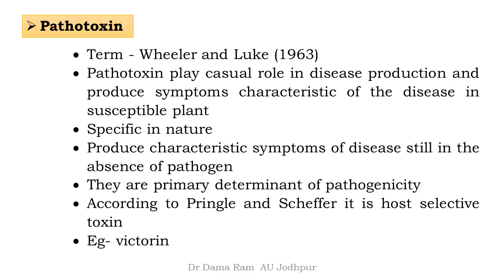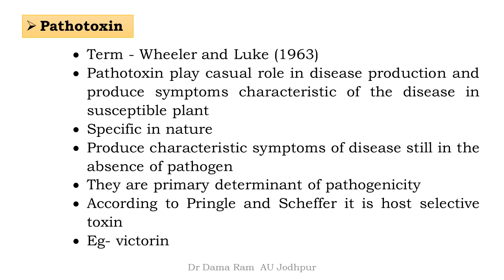Next toxin is the pathotoxin. That is the important toxin, and the term was coined by Wheeler and Luque in 1963. So pathotoxin plays a causal role in disease production and produces symptoms characteristic of the disease in a susceptible plant. Means it can initiate the disease and enhance the disease. That is the main responsible toxin for causing a disease.